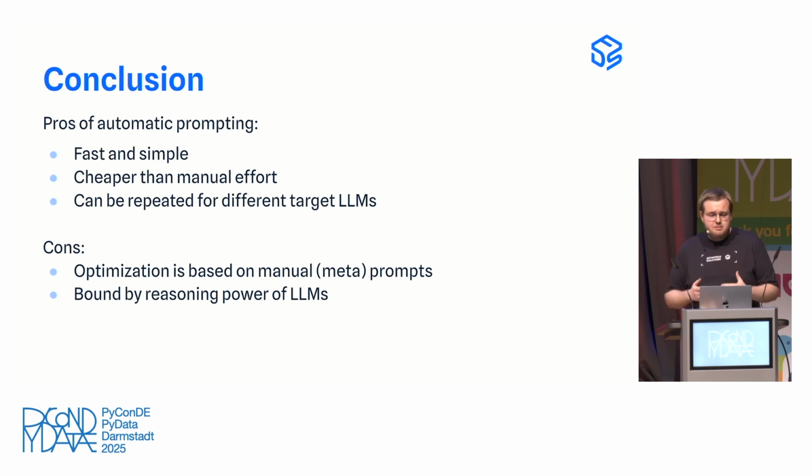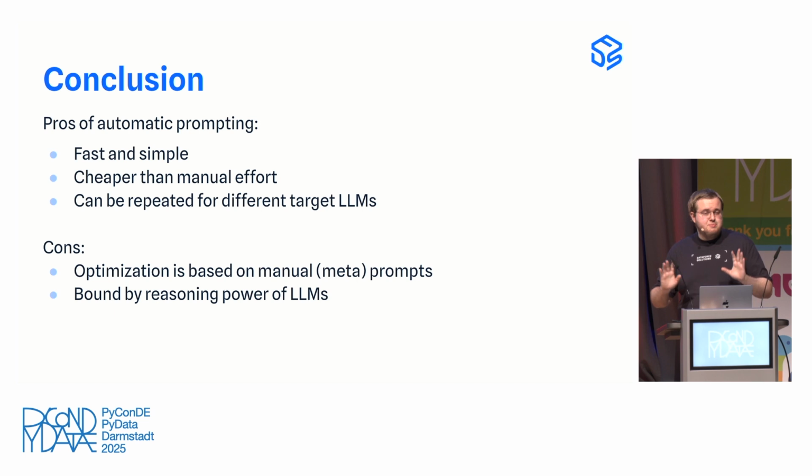However, there are also some potential limitations. First of all, the underlying optimization procedure still depends on hard-coded, manually constructed meta prompts. And those meta prompts are not necessarily optimal for your specific use case. In addition, when using automatic optimization, you are still bound by the reasoning power of the LLM, which might be limited.